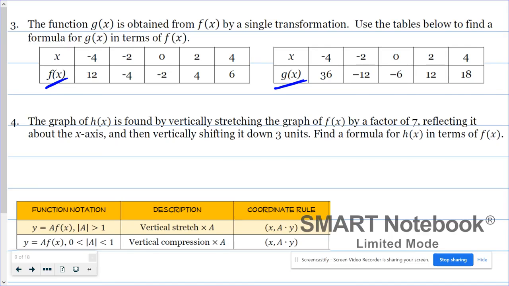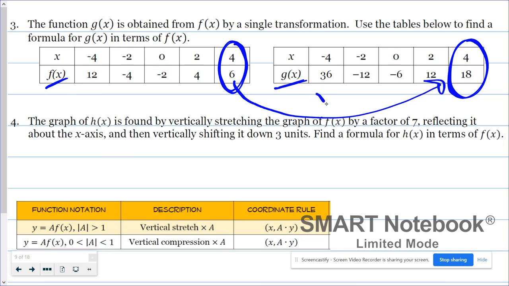So if we take a look at a specific scenario, x is 4, f of x is 6. Over here, x is 4, g of x is 18. What caused that to happen? Okay, and so if I were to go 6 times 3, that's how I'd get 18.